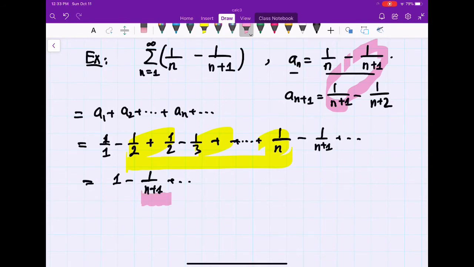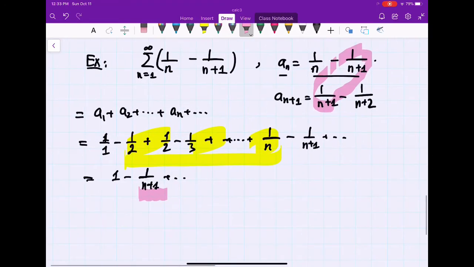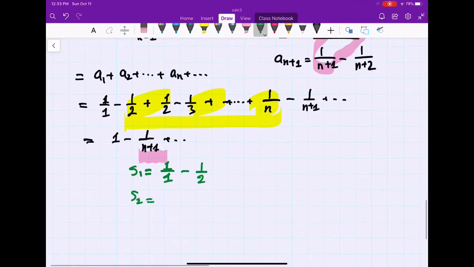Does that make sense? So if I write this as partial sums, I will have the following. S1 is 1 over 1 minus 1 over 2. Okay. S2 is 1 over 1 minus 1 over 2 plus 1 over 2 minus 1 over 3, and that is 1 minus 1 over 3.